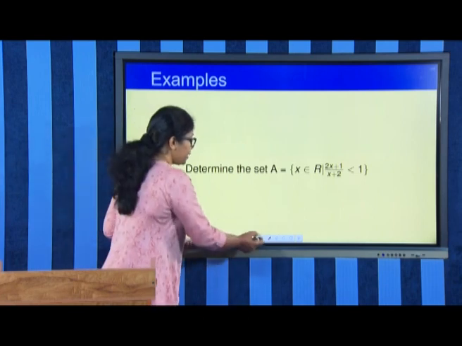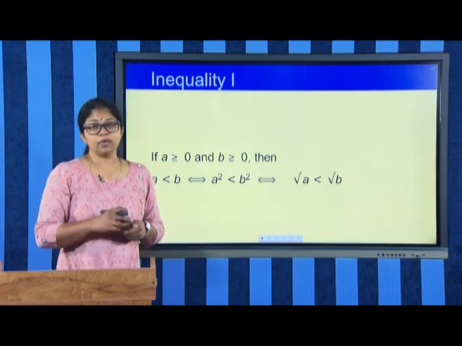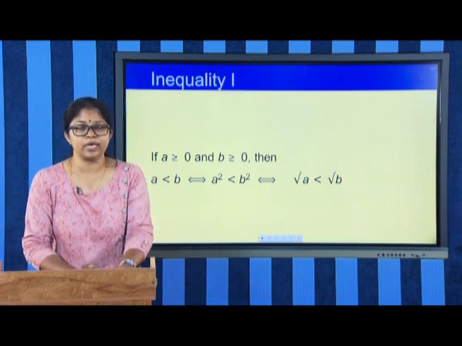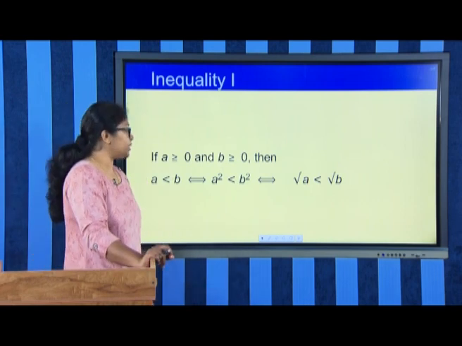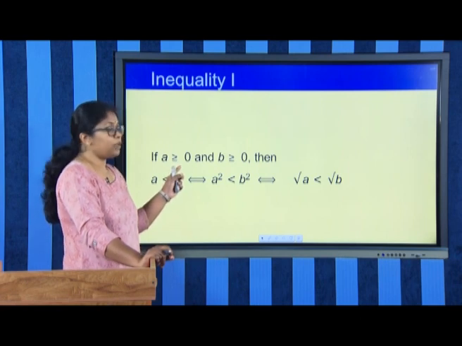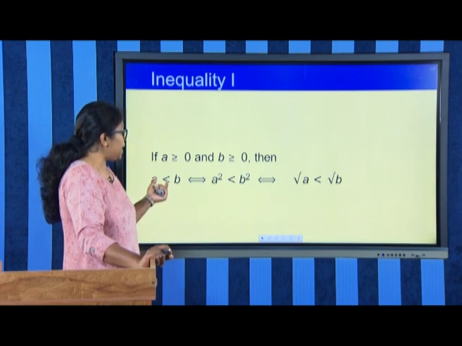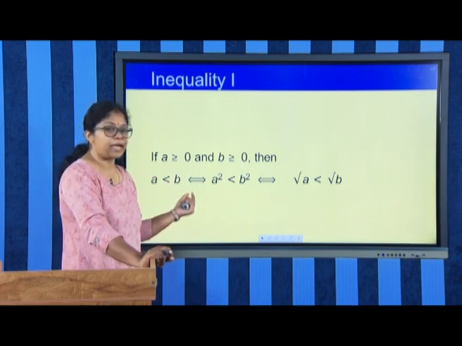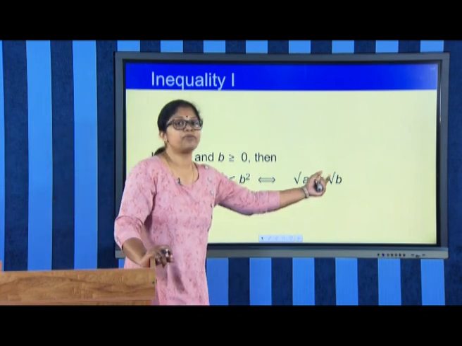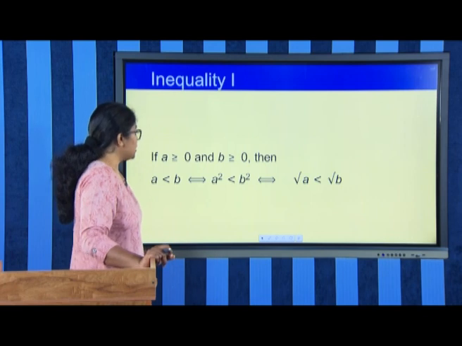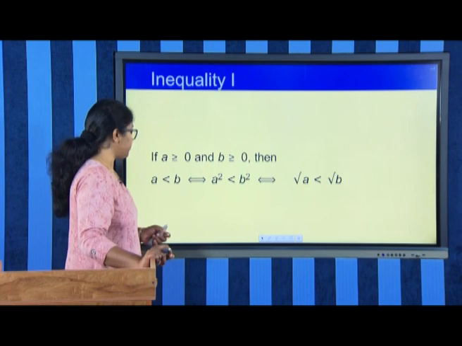Now, let us move on to the standard inequalities which are satisfied by any real numbers. So, the first inequality says if A is non-negative and B is also non-negative, A less than B implies and is implied by A square is less than B square, if and only if square root of A is less than square root of B. So, we are given the two conditions that A and B are non-negative.